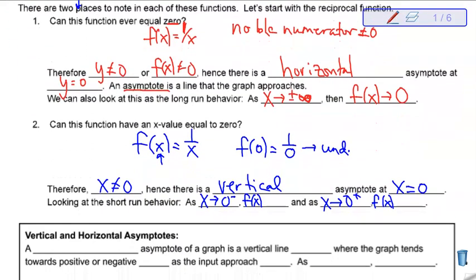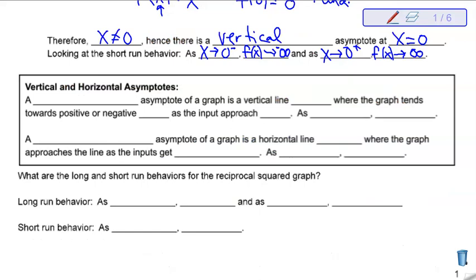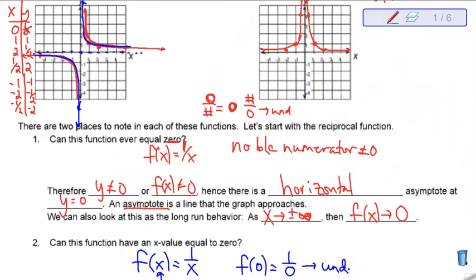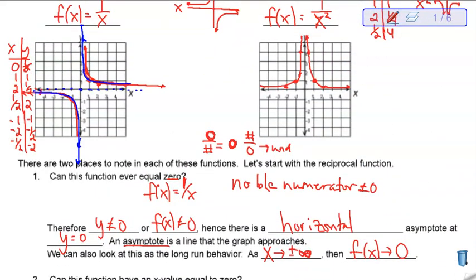So f of x goes to negative infinity on the left, and to positive infinity on the right, constituting a vertical asymptote for that function 1 over x. So we would now have a vertical asymptote there, symbolized by a dashed line.